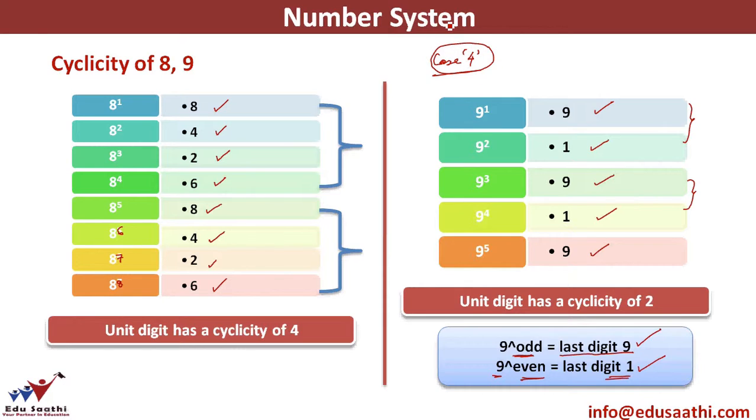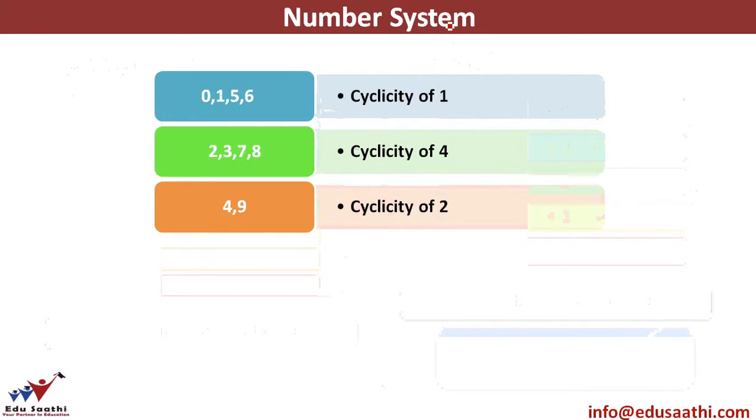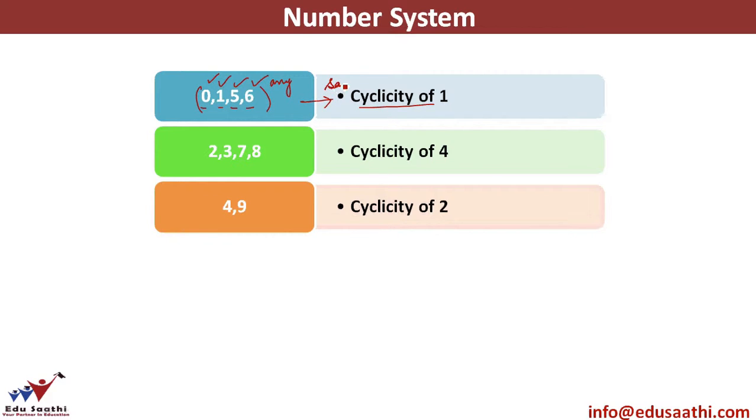So let's move ahead and let's look at the cyclicity combined for all the numbers. If the last digit is 0, 1, 5 or 6, for all of these unit digits, the cyclicity is 1. So that means if the last digit of any number is 0, 1, 5 or 6, raised to power anything would always end up in the same unit digit.